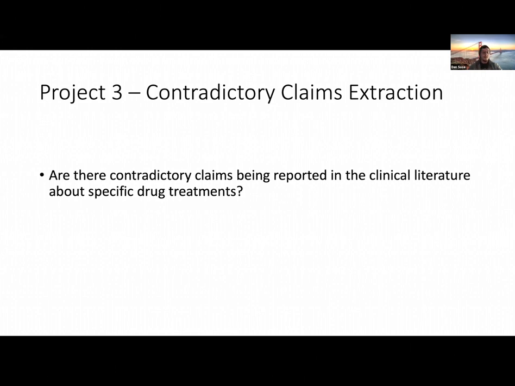And the final little project that I want to talk about very briefly is extracting and bringing to light contradictory claims being mentioned in the literature. So are there contradictory claims about either drug efficacy, about adverse reactions, or other facets of drug-based therapy that we're seeing in clinical literature?